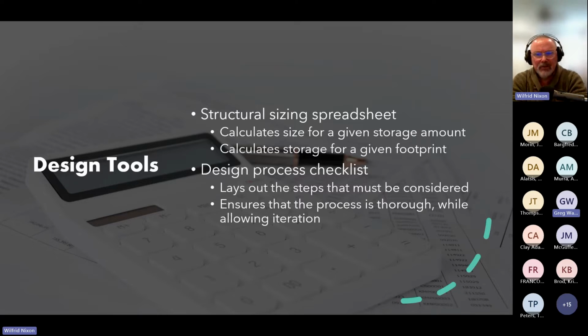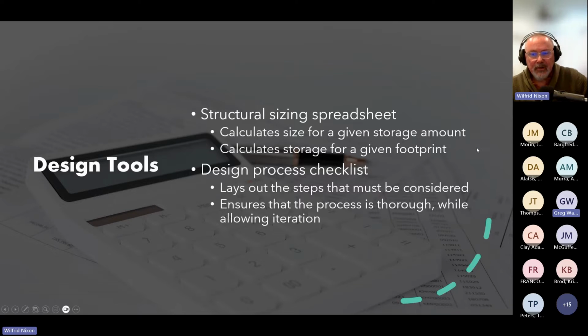If you have a given storage amount, say you need to store 20,000 tons of salt, then it'll give you size for a variety of building options, whether you are going with a rectangular or a circular storage facility. It'll tell you how big that needs to be, either what its diameter is or its length and width footprint.